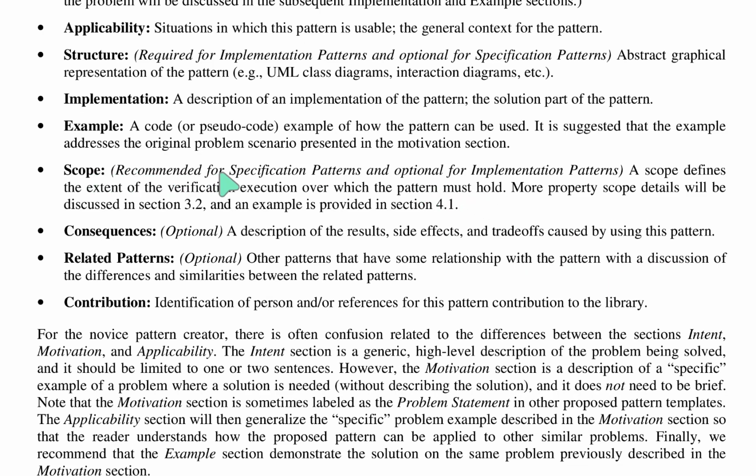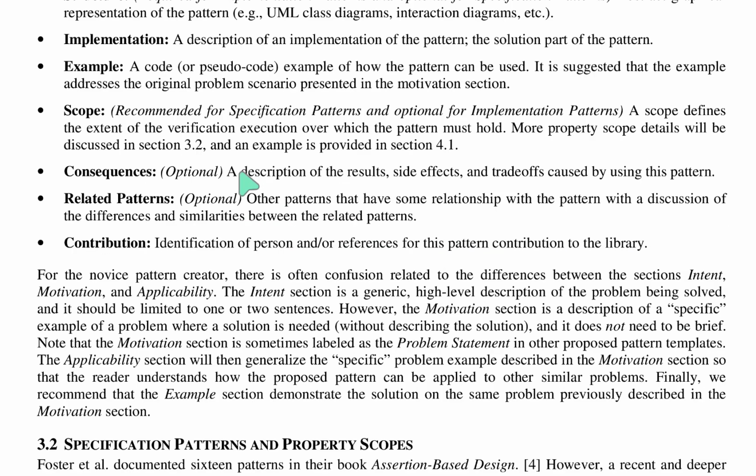Scope, recommended for specification patterns and optional for implementation patterns. A scope defines the exact extent of the verification execution over which the pattern must hold. More property scope detail will be discussed in section 3.2. An example is provided in section 4.1.